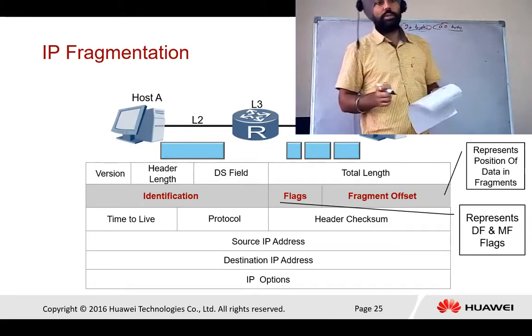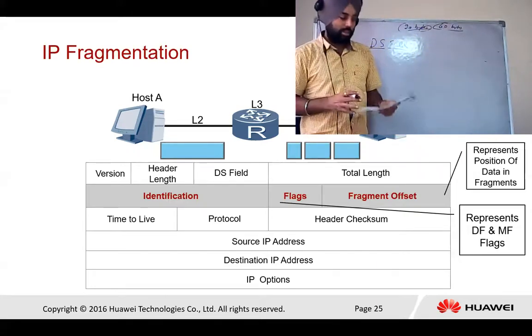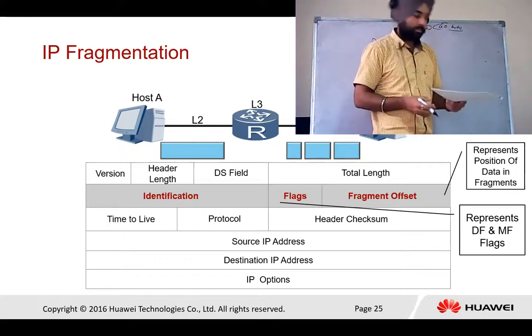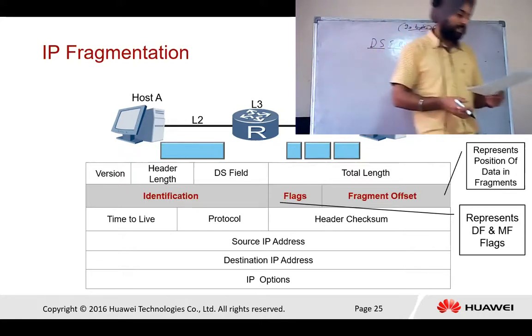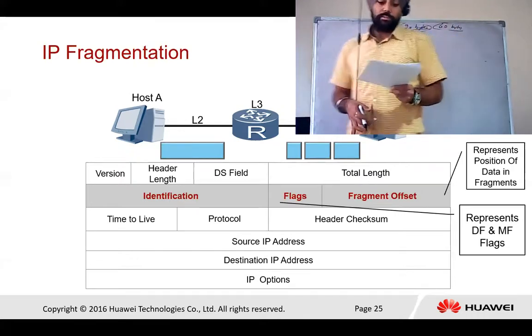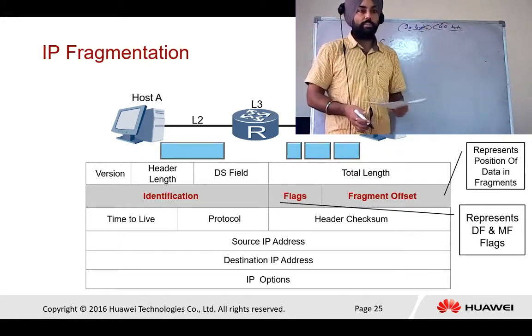Another one is flags, which are the control for fragments. And the fragment offset provides the location of the fragment in the original IP packet.